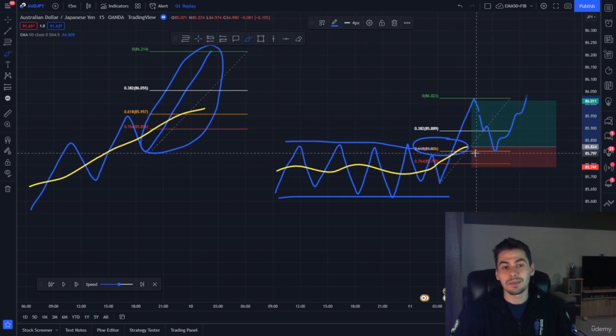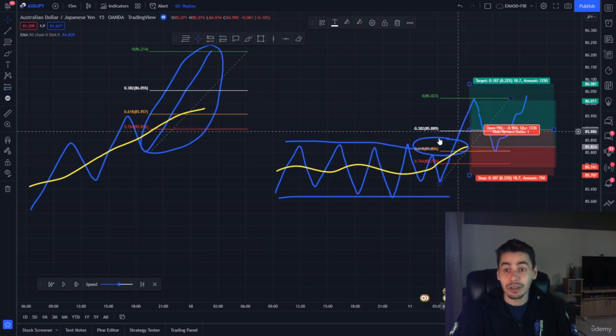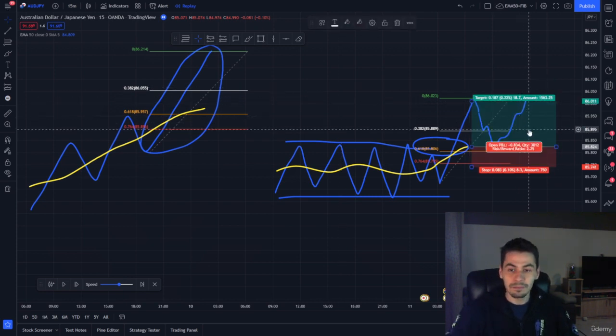Regarding stop loss placement, if we were to take buys or sells at the 618 level, the stop loss should be a few points below or above the 764. And if we were to take buys, depending on the situation, again, we are looking for the level of structure that got broken. But again, I will show you some examples so that I will make this as clear as possible for you guys.